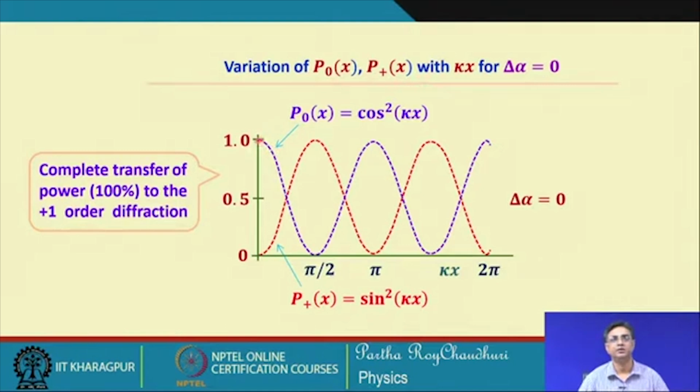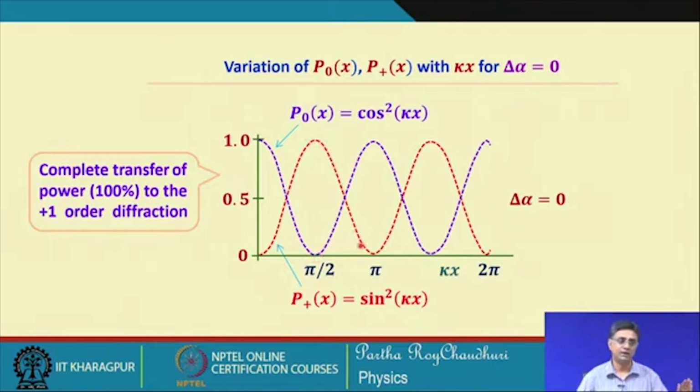Here we start when there is no perturbation, when there is no acoustic field, and the maximum power will be here, that is P 0 x. Then with the perturbation, as you increase the value of kappa x, it falls and the power in the diffracted order increases.